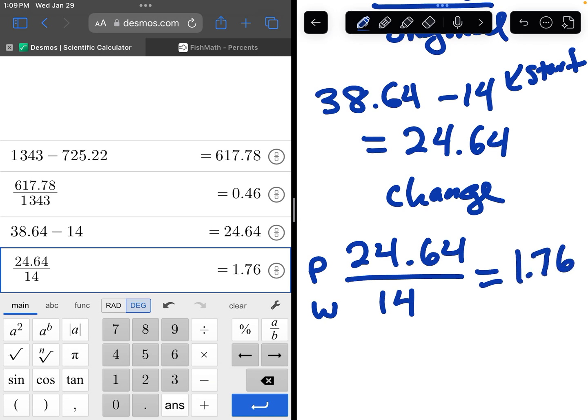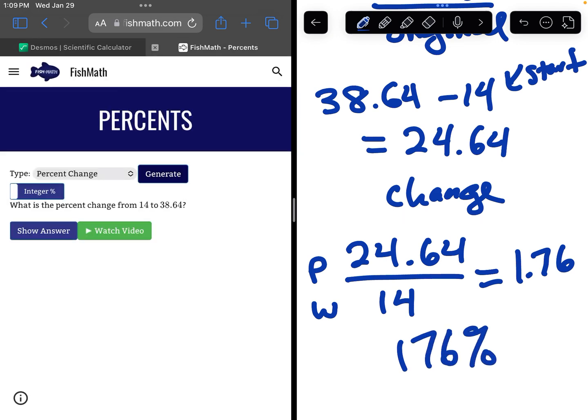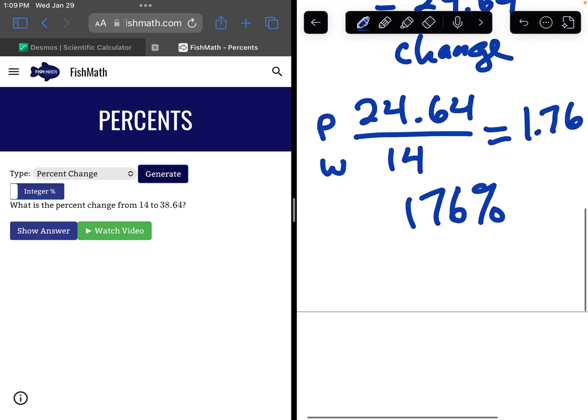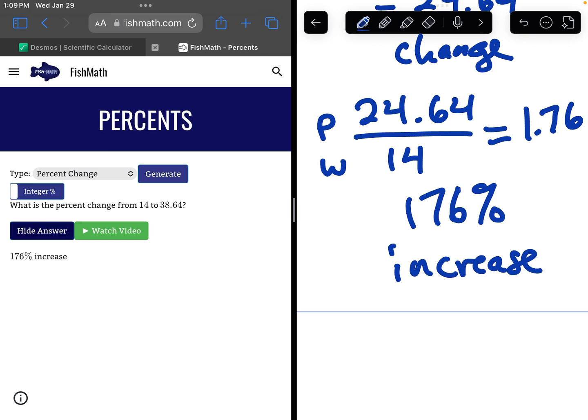And then we do times 100 to get our percent. Oops, I did that a little wrong here. So that's how we do times 100. So this would be 176%. Let's go back to it. If it goes from 14 to 38.64, that means it's increasing. So 176% increase. That's how we do percent change.